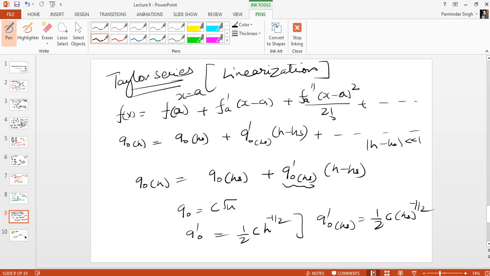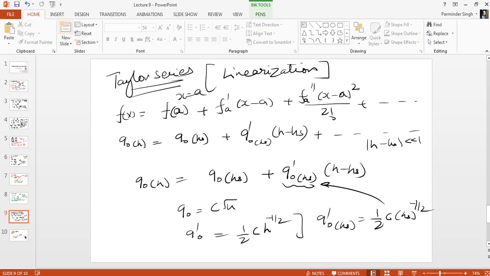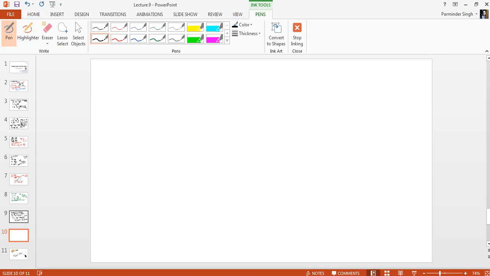So we substitute this value directly over here. Upon substituting, we have q naught equal to q naught at steady state plus half c hs raised to power minus half into h minus hs.